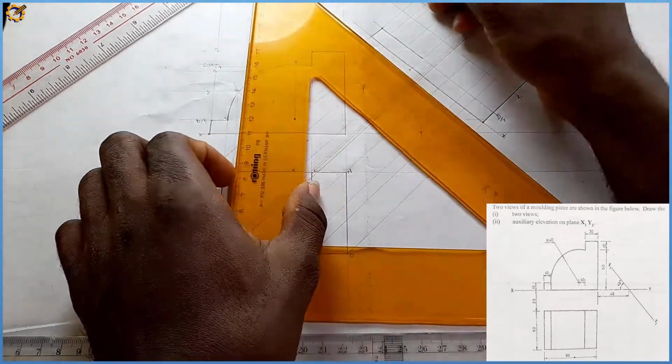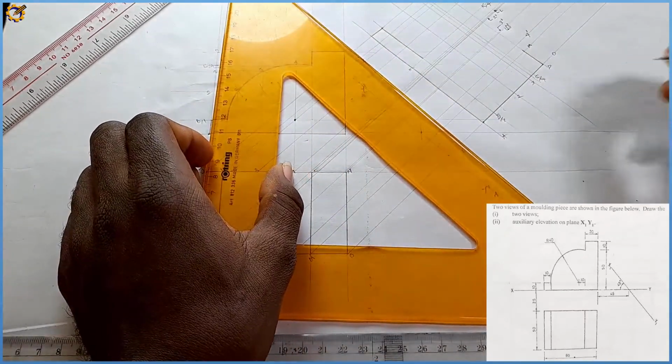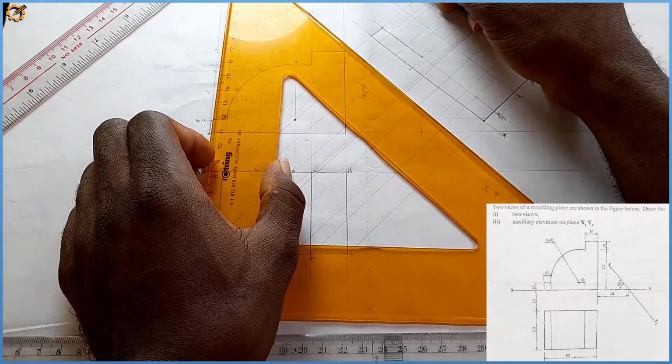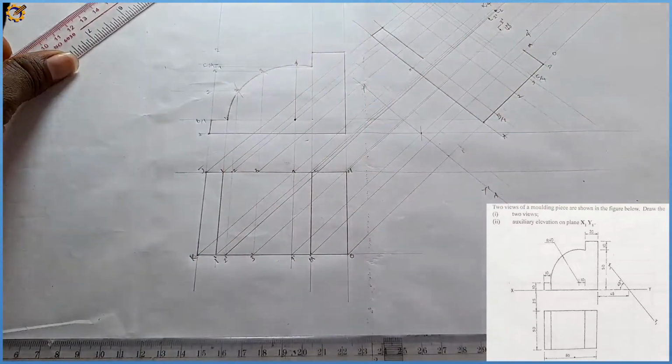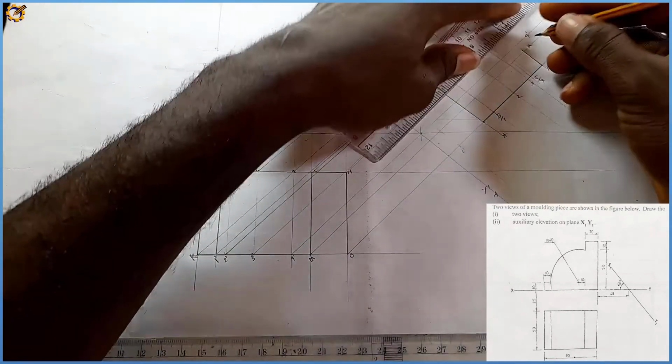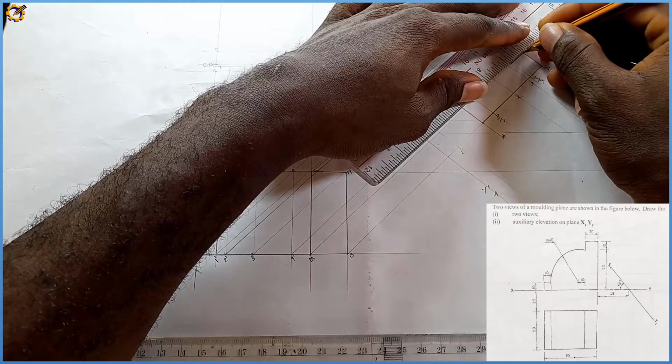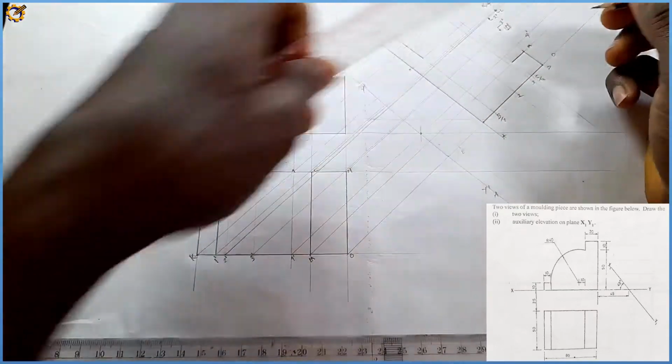So this area is mark U, and our line is terminating at U right here.